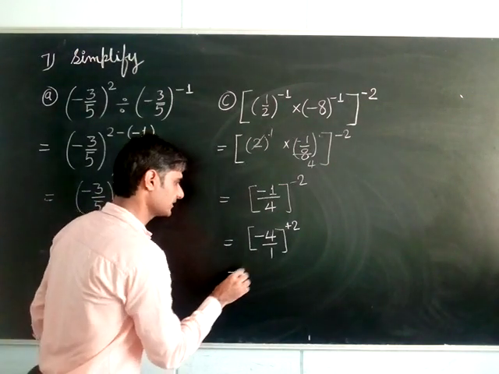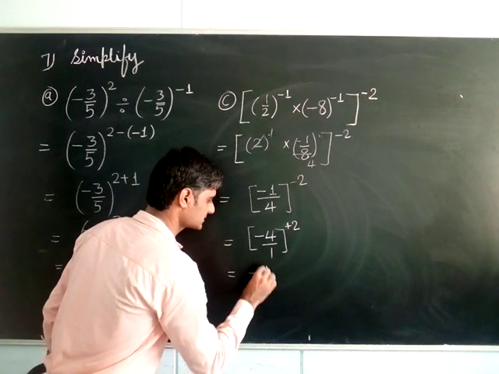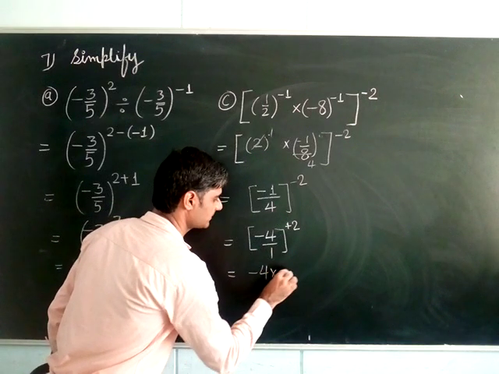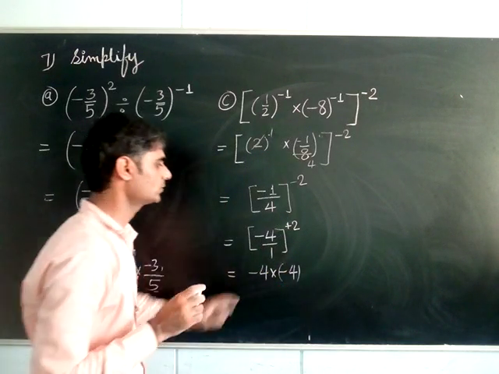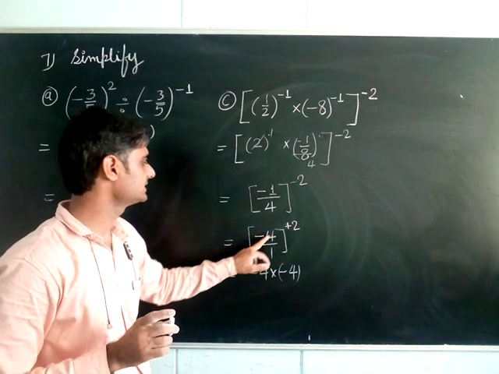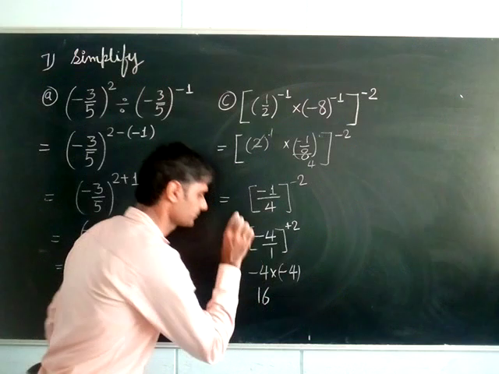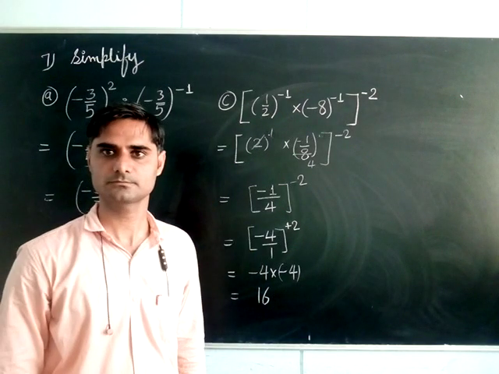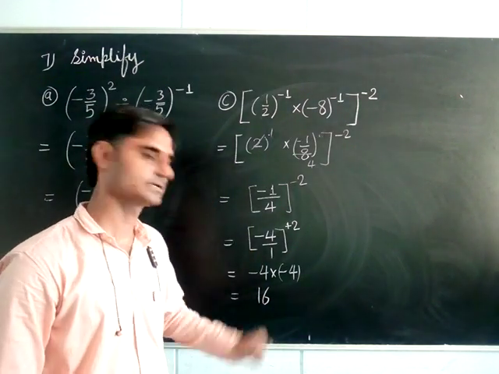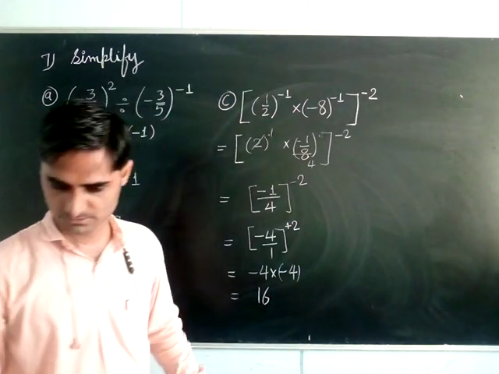Now this minus 4 we have to write 2 times. So minus 4 multiplied by minus 4, as we know, an even number power is there, so minus minus plus will be there, and 4 4s are 16. Got it? This is the solution.